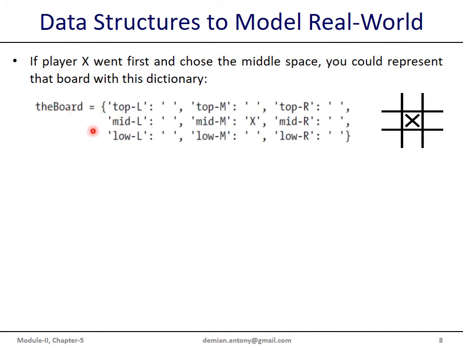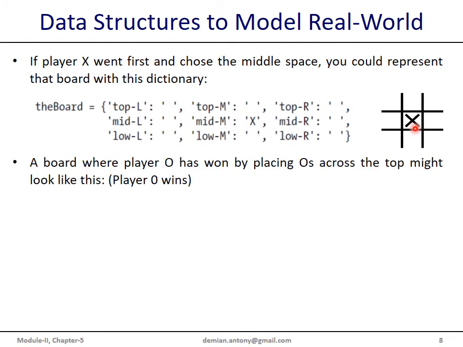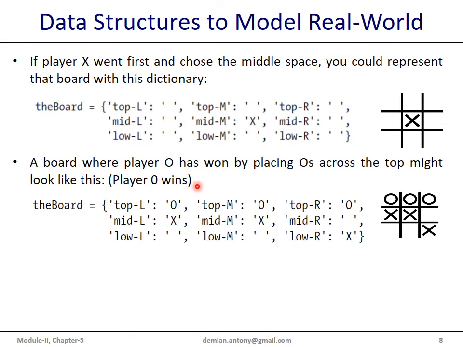Player X chooses the middle one, and you can see now the dictionary key mid M contains a value X. That means the middle cell is now chosen by player X. Let us say player O, after a number of moves, has won by placing all the O's on the top row, and now the dictionary contents will be, you can see, top L O, top M O and top R O, and this implies player O has won this game.